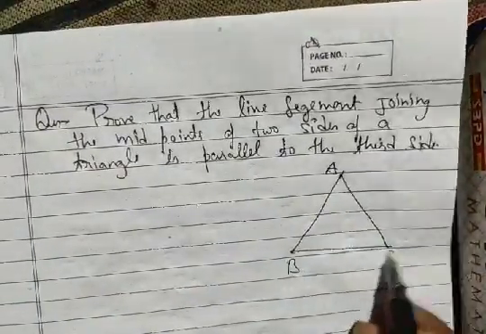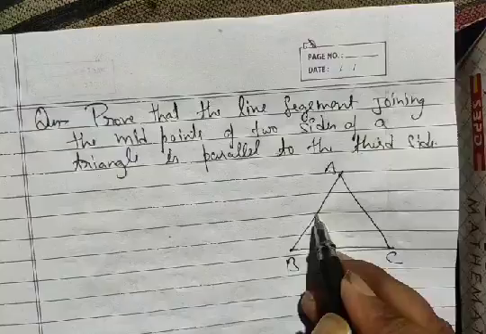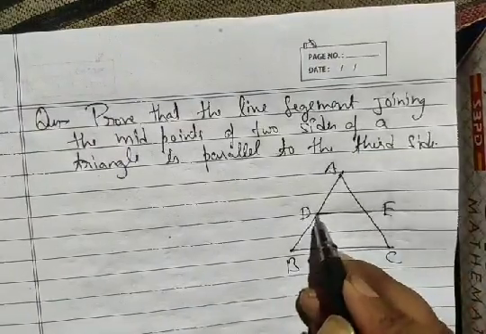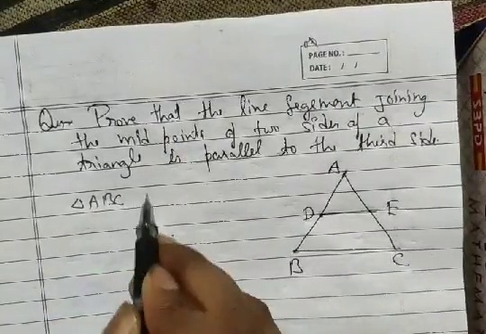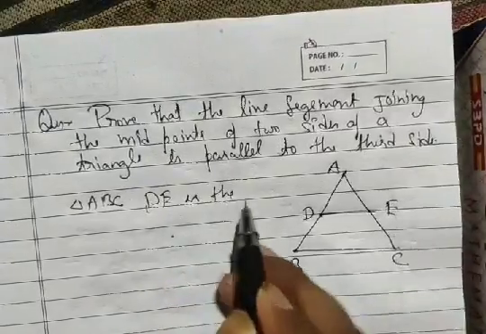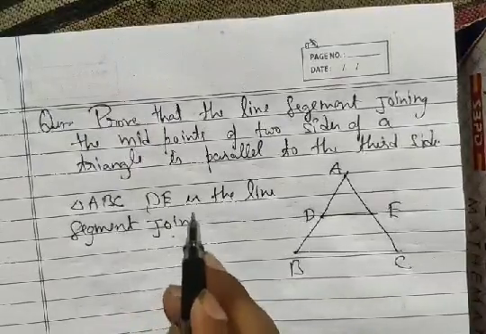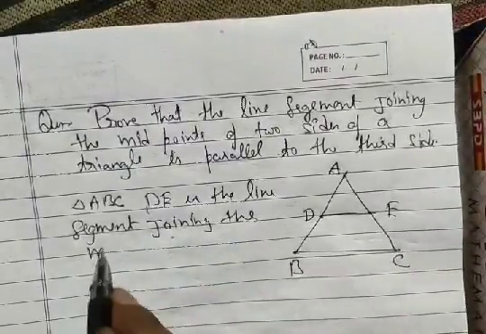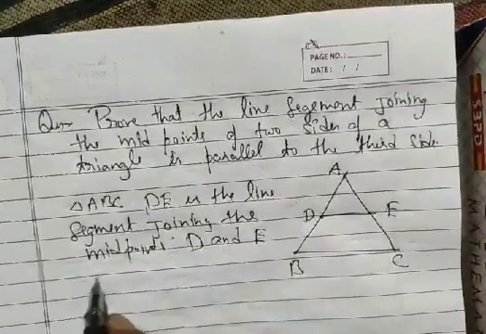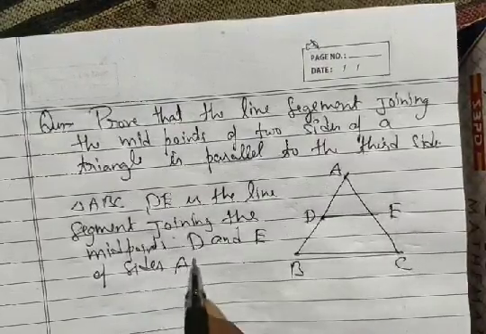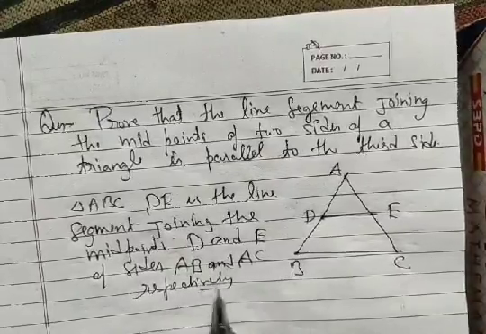We have a triangle ABC, and suppose DE is a line segment joining the midpoints D and E of sides AB and AC respectively.